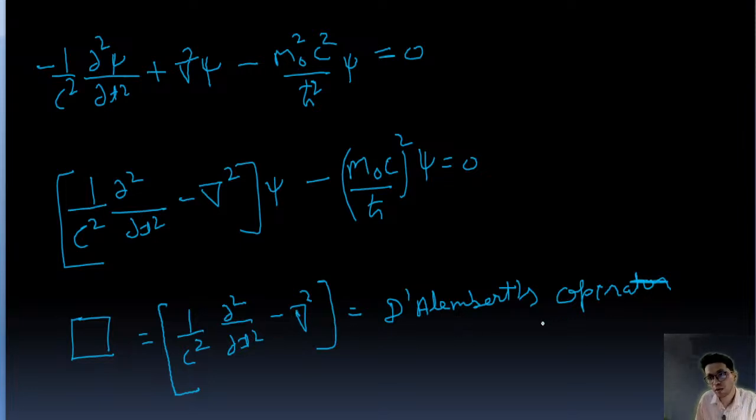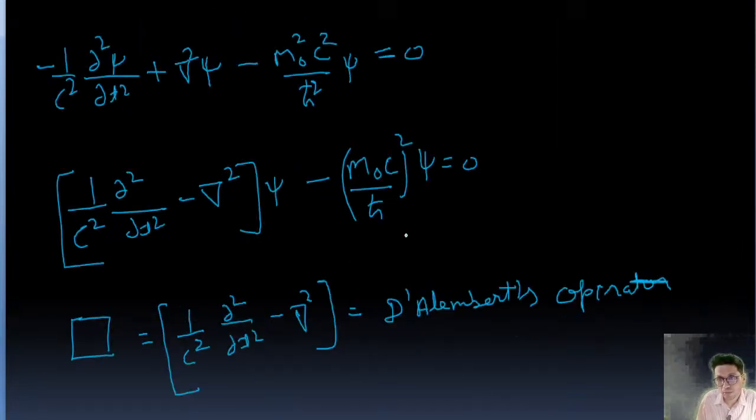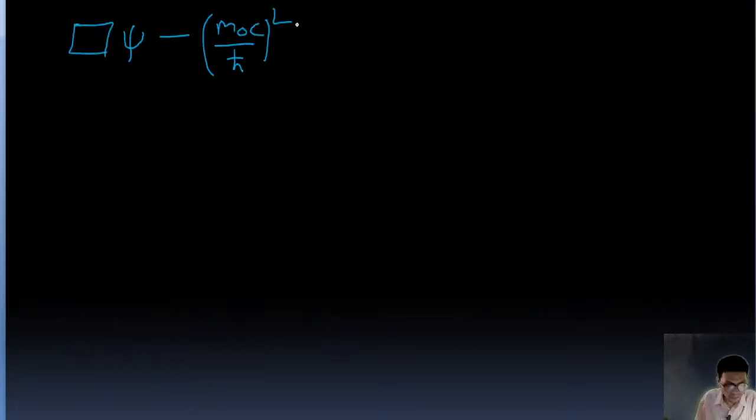So this is D'Alembert operator. So we can write here del square psi minus m naught c upon h cut whole square psi equal to 0.